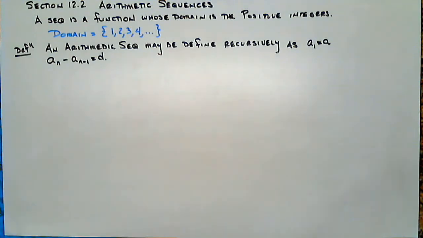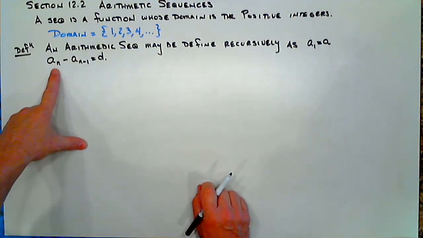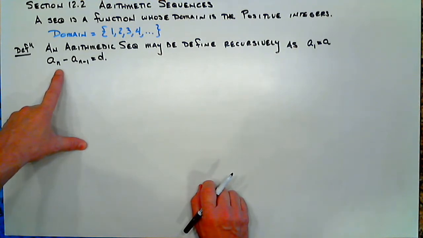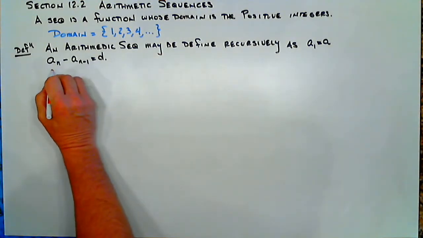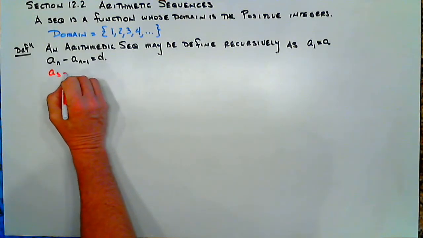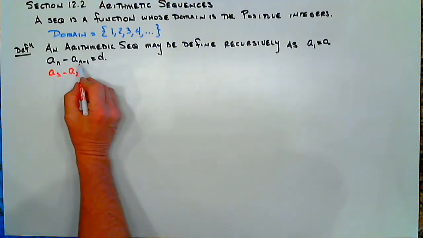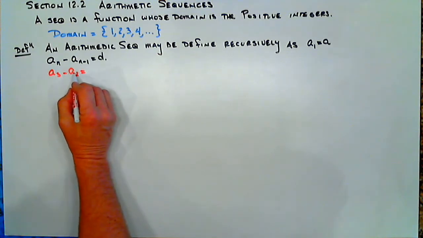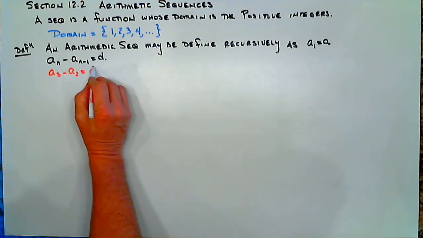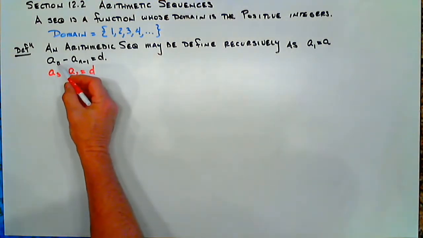Now what does that say? That says if I have a term, say n is 3, this says a3 minus a2. N is 3, so 3 minus 1 is going to be 2. My third term minus my second term is going to be d. But it doesn't work for just 3.